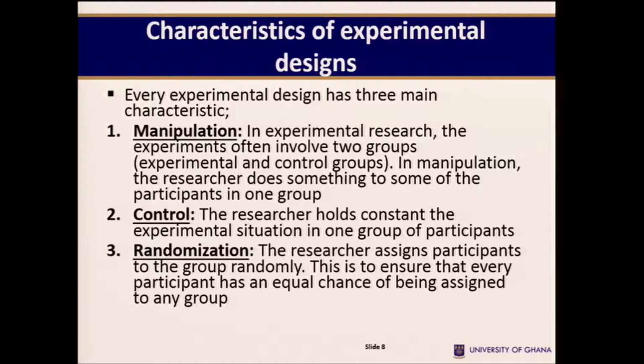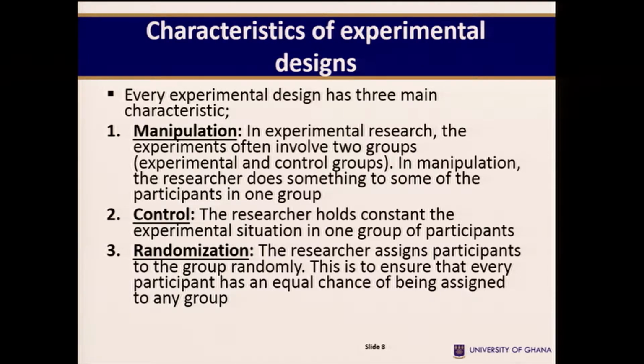This means that something is done to one of the groups. In every experimental design, we have the experimental group and what we call the control group. The experimental group is where the manipulation is done. Then we also have the control group. You do nothing to that group, so you can compare the outcome.